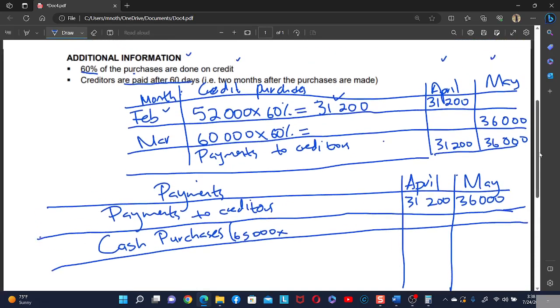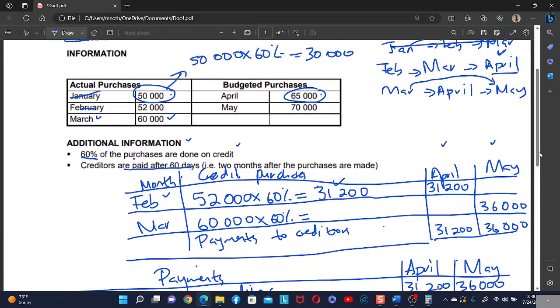We are told that 60% of the purchases are done on credit, so if 60% is done on credit, it means that 40% is done on cash. Other purchases are made on cash. So 40% of this 65,000 in April is going to be a cash purchase.